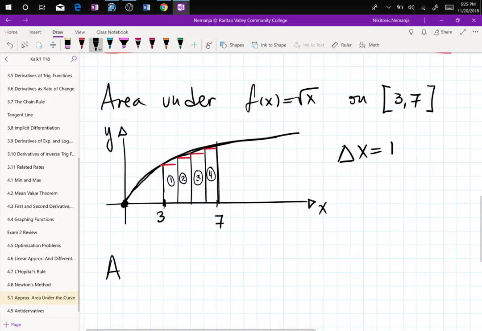So area is approximated by area at the left, which is going to be delta x times, so these are my x0, x1, x2, x3, x4.